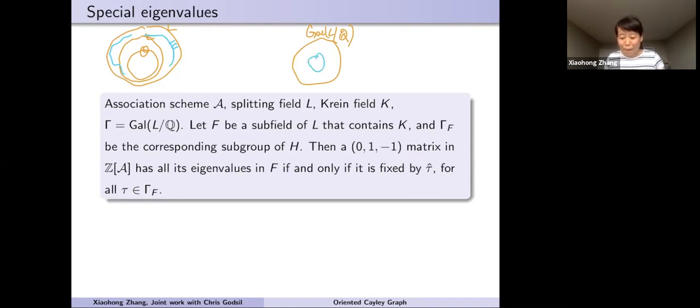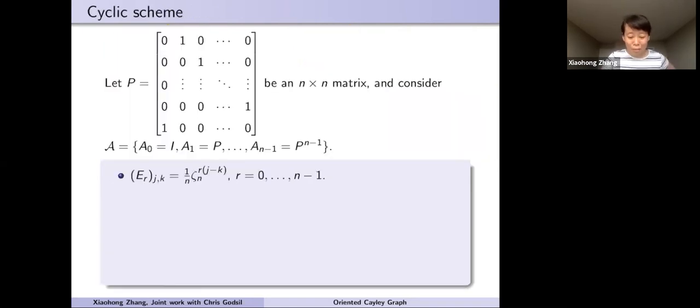Now let's come back to our original question. Consider this permutation matrix P and collect all its powers. There is an association scheme called the cyclic scheme. We can check that the entries of the idempotents are just nth roots of unity.